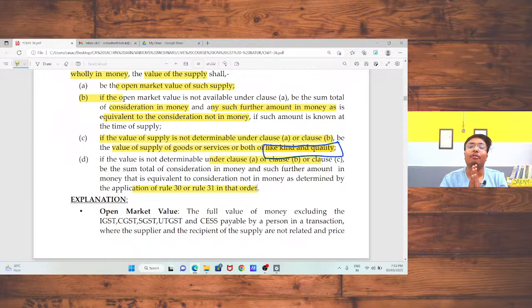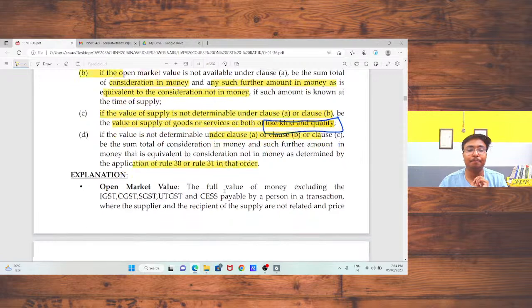So as per rule 27, if you are going to supply a certain thing and you are getting money as well as certain other thing in the form of consideration, the first option is open market value, second option money plus monetary value, third option is like kind and like quality. If you are not able to decide from A, B and C, you need to take the reference of rule number 30 and rule number 31. Is that okay, sir? Please comment in the chat box that the concept is clear.